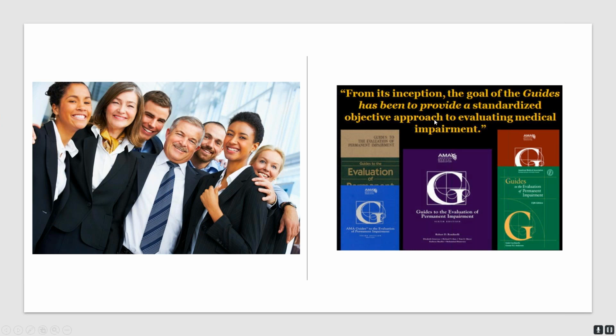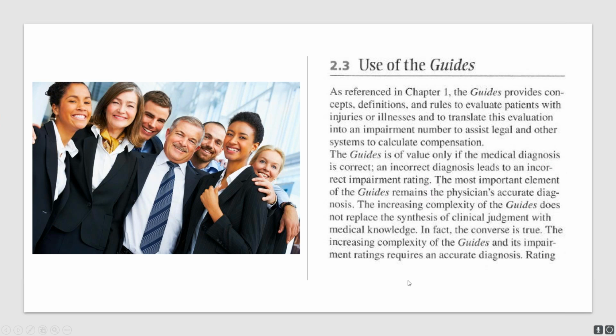That means verifiable, approach to evaluating medical impairment. In Chapter 1, the guides provide concepts, definitions, and rules to evaluate patients with injuries or illnesses and to translate this evaluation into an impairment number to assist legal and other systems to calculate compensation.